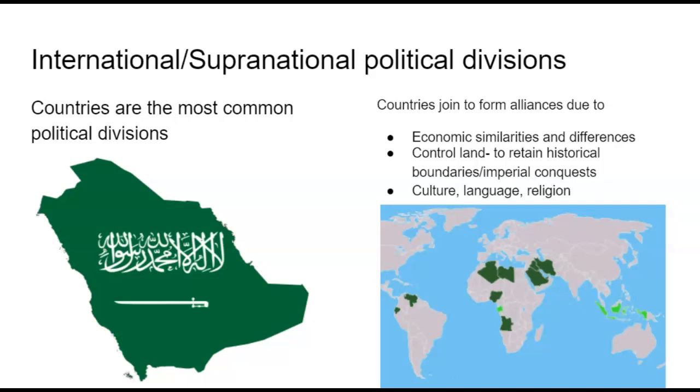And so often there are disputes when this colonized land becomes an independent country, and often alliances are formed between those countries that were colonized by a common colonizer. And then also culture, language, and religion can encourage people to form alliances. So countries of similar cultures would group themselves together.